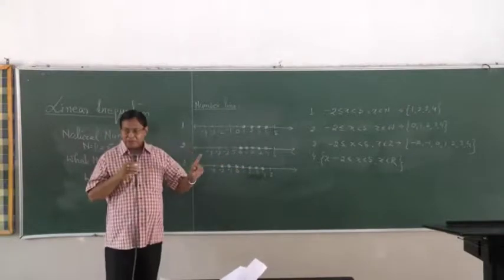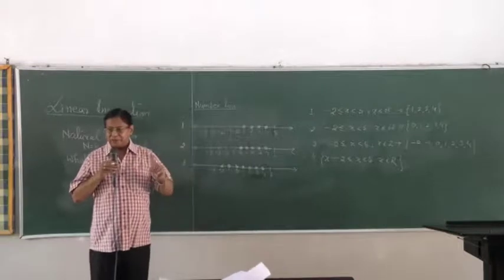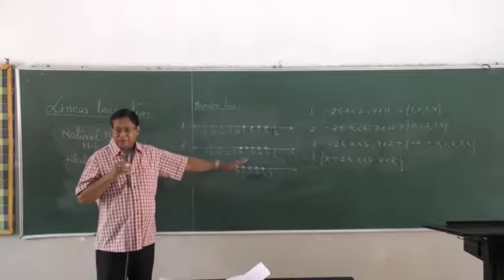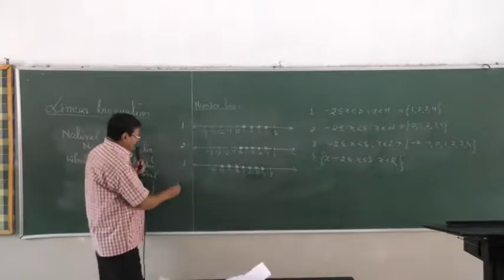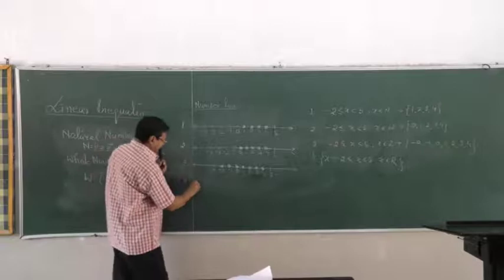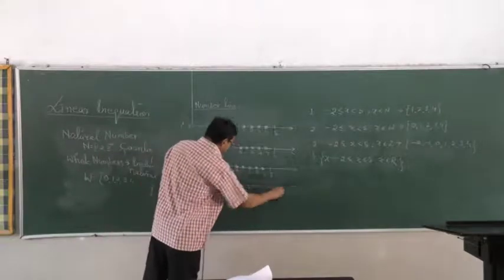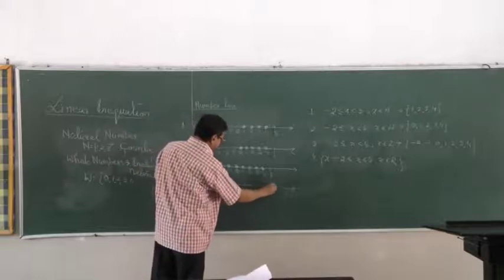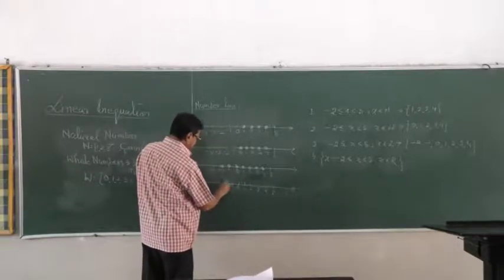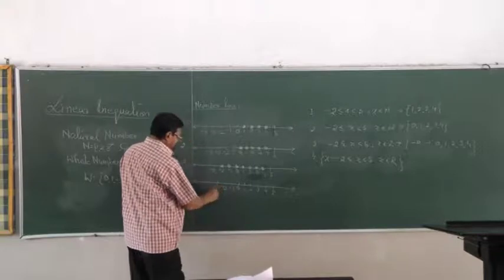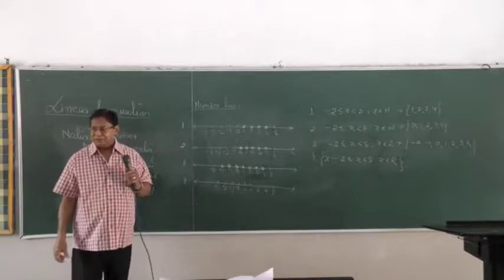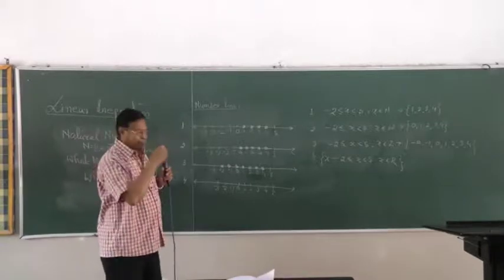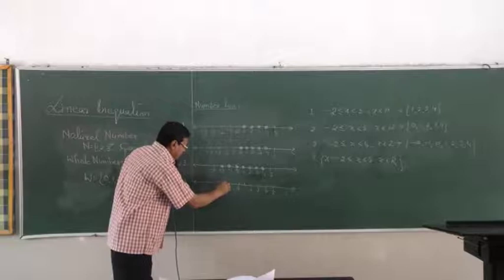So for the real number, I give a different notation. You can use this notation, that's not a problem. You have to join it. But then for real number to be on the safe side, same numbers. Now -2 is included here. So at -2 we draw a straight line.